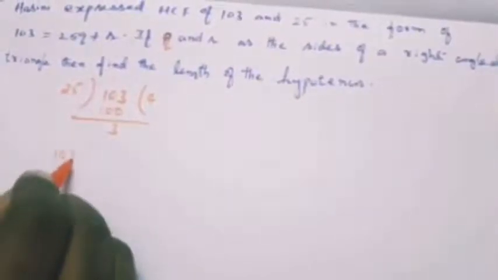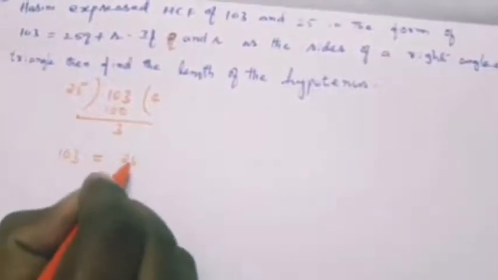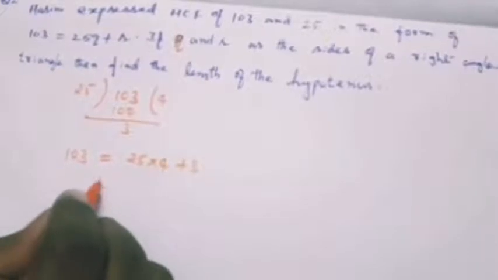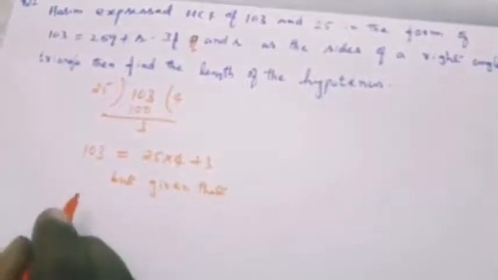See, I will express it like dividend: 103 equals 25 into 4 plus 3. But it is given that 103 equals 25q plus r.